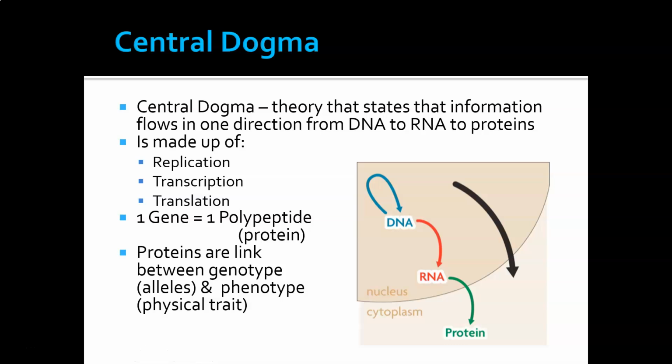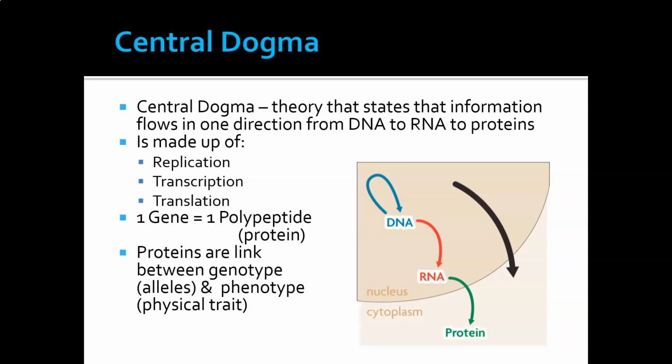Well, when we talk about your protein synthesis process, there really is this central theory in biology called the central dogma. And remember that theories are these scientific principles in a particular field of science, in our case biology, that are based on lots of evidence, and they're utilized as a way to explain the way something works.